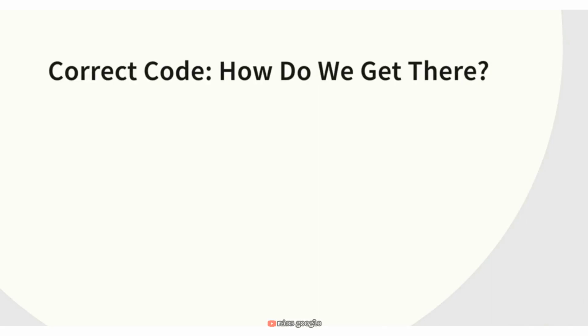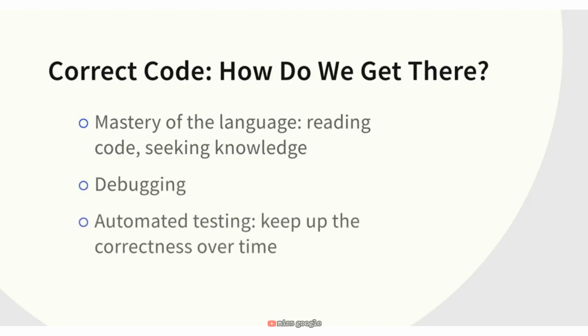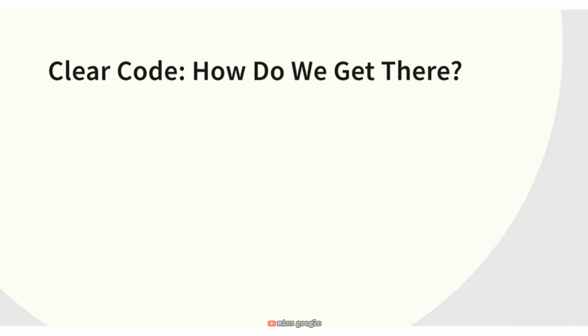Well, to get to correct code, we should be seeking mastery of the language, and this is what you're doing by taking these courses, etc. But we also should learn how to hunt down bugs and fix them, and how to future-proof our code through testing, and we'll focus on these. As far as clear and readable code, well, style guides come into play, and we'll cover them.